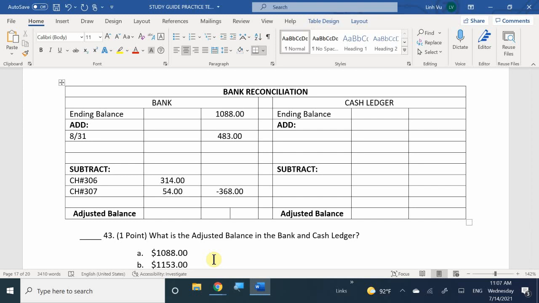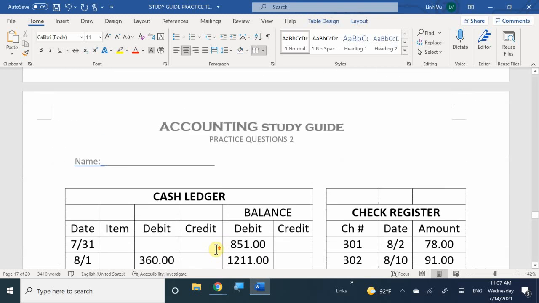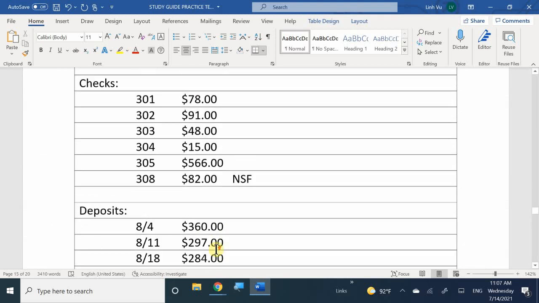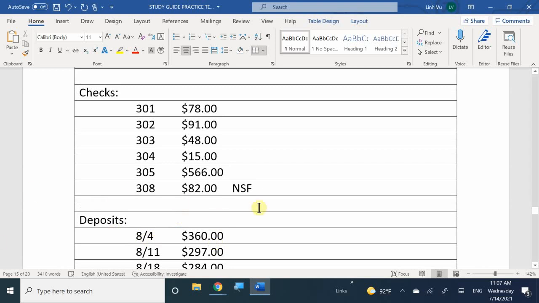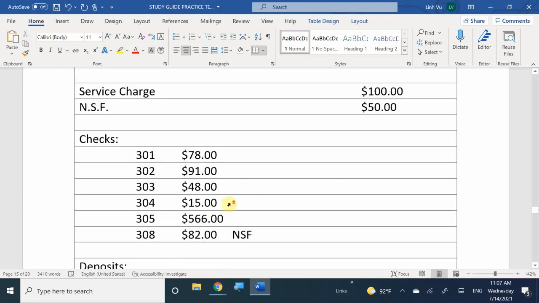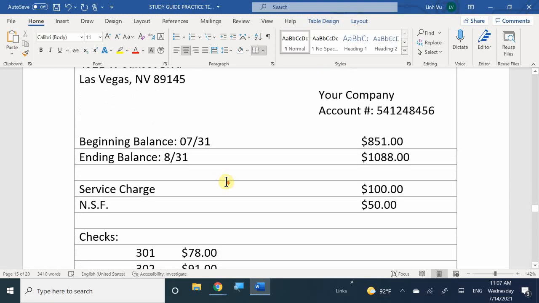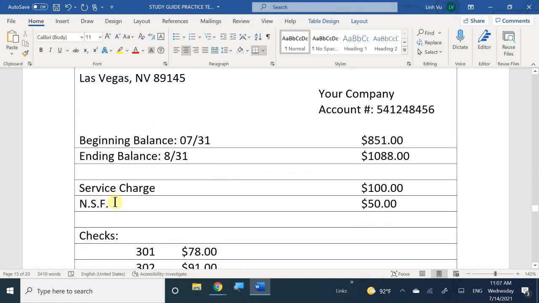Before we jump into that, what happened to the 308 non-sufficient fund? In this case, it's just flagged that it was an NSF. However, they pushed it forward. So this one just basically tells you why you got charged for the NSF fee.